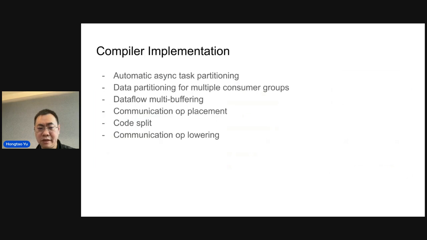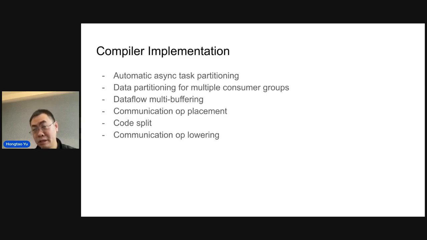So our implementation in the compiler has multiple passes, and we start from an automatic task partitioner that can identify some heavy computation ops and partition the program into different regions conceptually. But then on top of that, we are doing the data partition, like for the same code region.